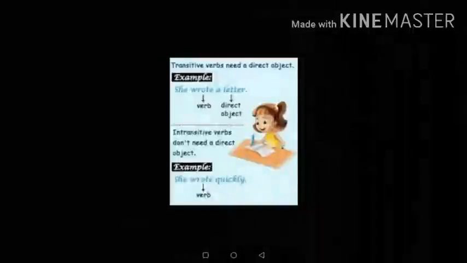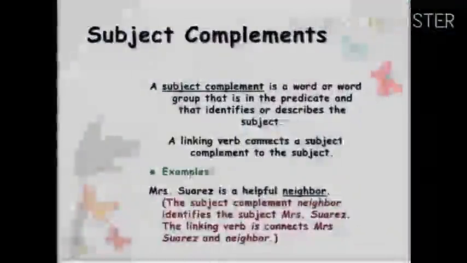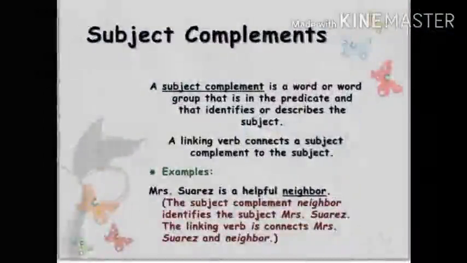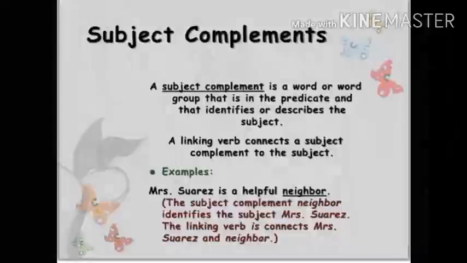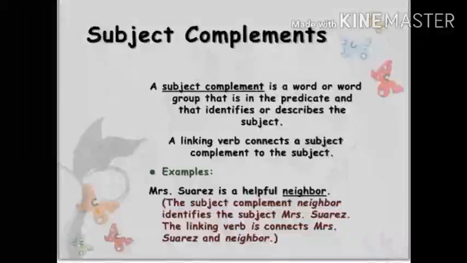After the verb and object, predicate contains subject complement and object complement. Subject complement is a word or a group of words that describes the subject and is part of the predicate. A linking verb connects the subject complement to the subject. Now, do you know what a linking verb is?